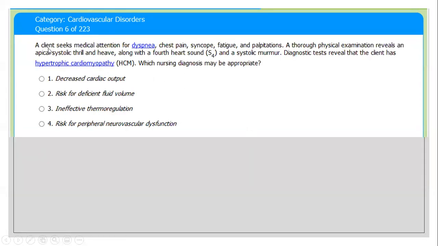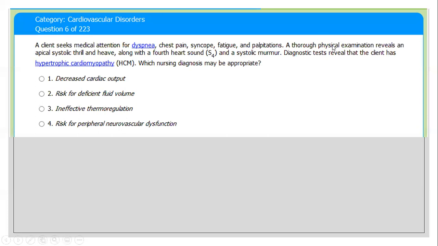Next question here. A client seeks medical attention for dyspnea. Dyspnea means shortness of breath or difficulty of respiration. Next, the patient also complains of chest pain, syncope. Syncope means fainting, a temporary loss of consciousness, along with fatigue and palpitations.